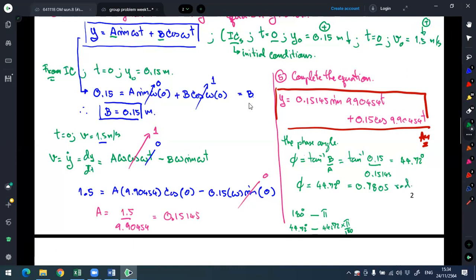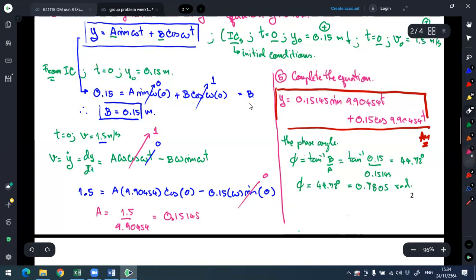According to this, we can conclude another solution, the alternative solution of y.